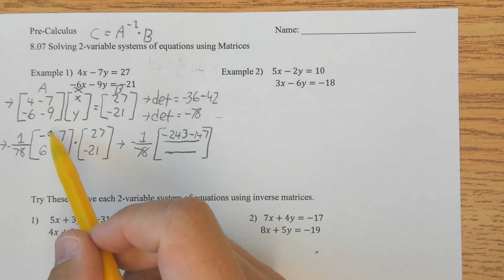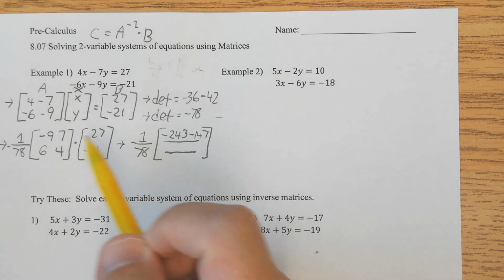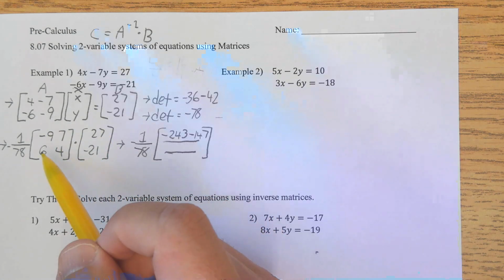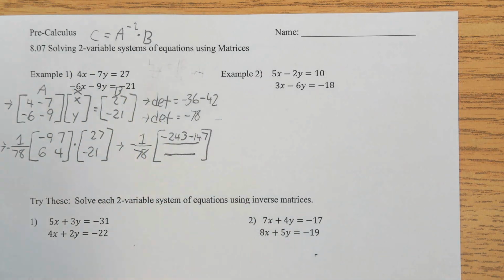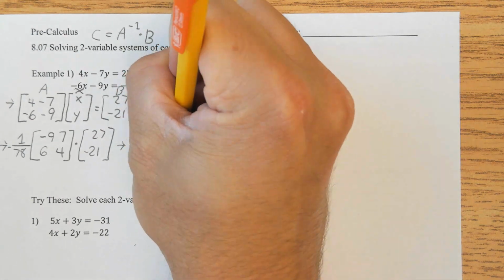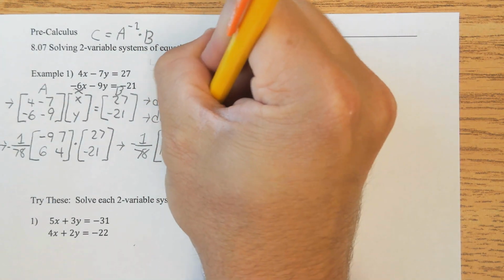So all I did, guys, again, remember multiplication, row 1 times column 1: negative 9 times 27, 7 times the negative 21. Now we're going to go row 2, column 1. So 6 times 27 is 162, and 4 times negative 21 is negative 84.